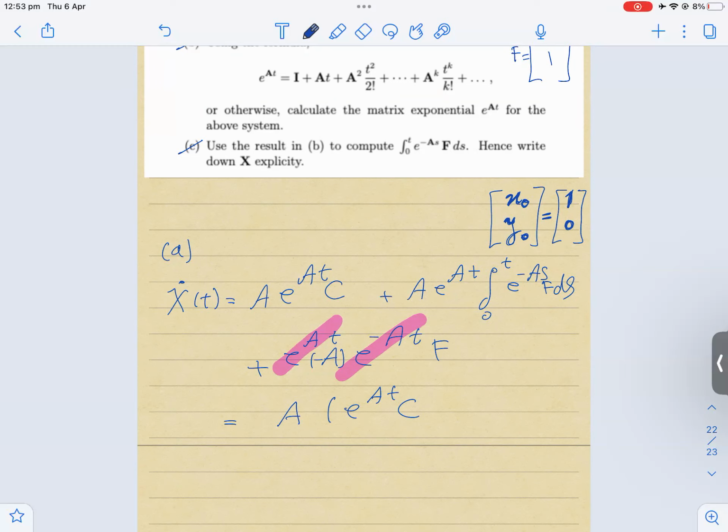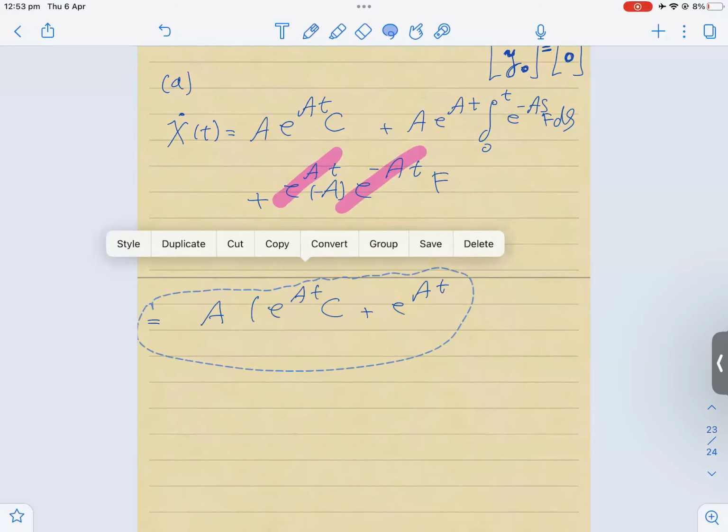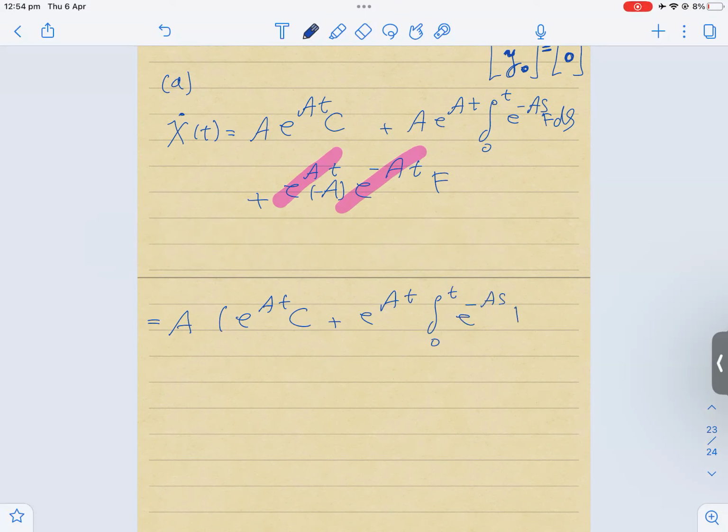These pink colors will cancel each other. This will be e to the At integral 0 to t e to the minus As f ds, bracket closed, minus A times f.